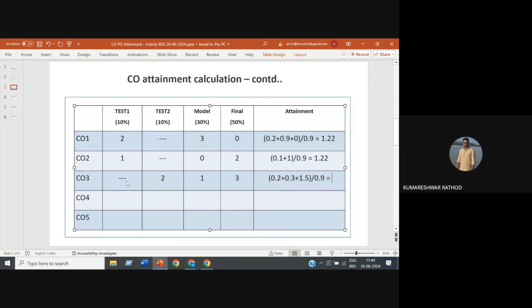Yes. Others please check. Are you getting the same values?